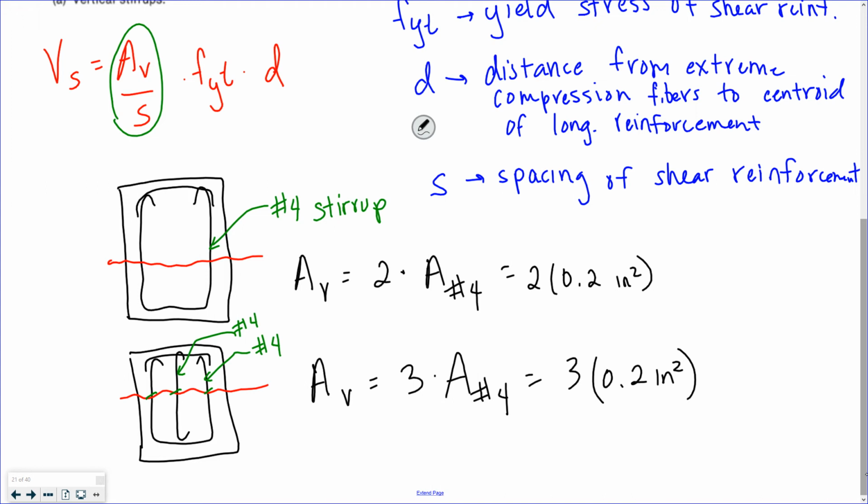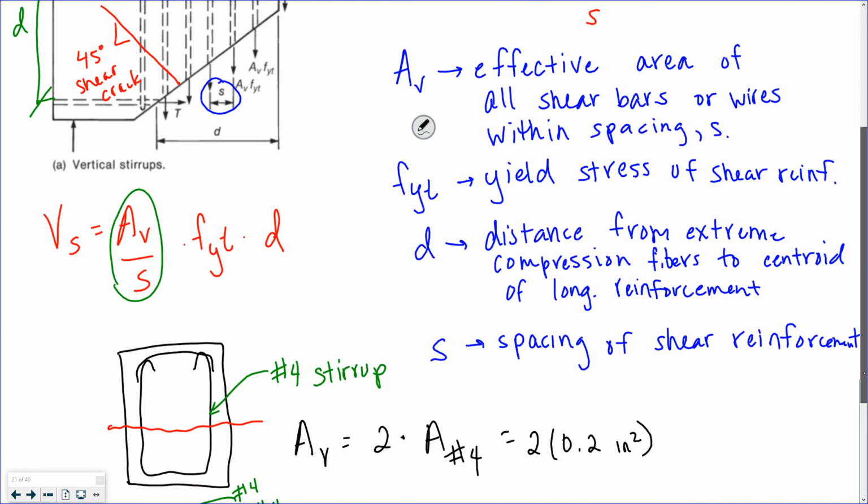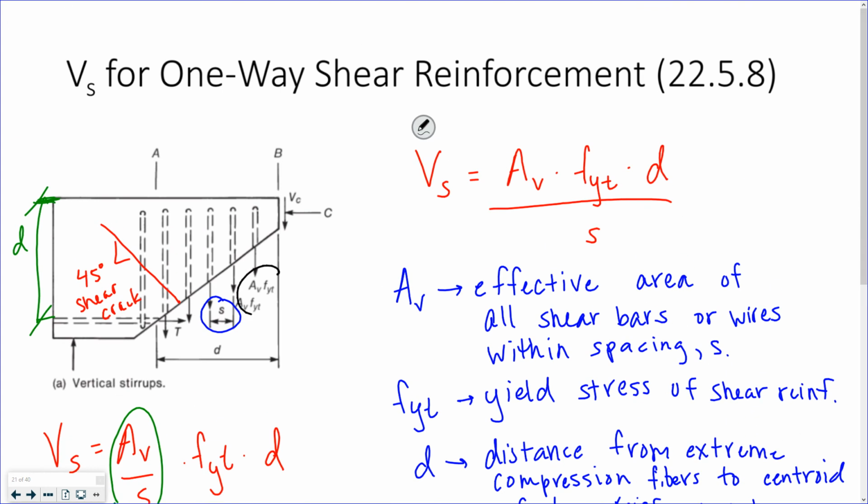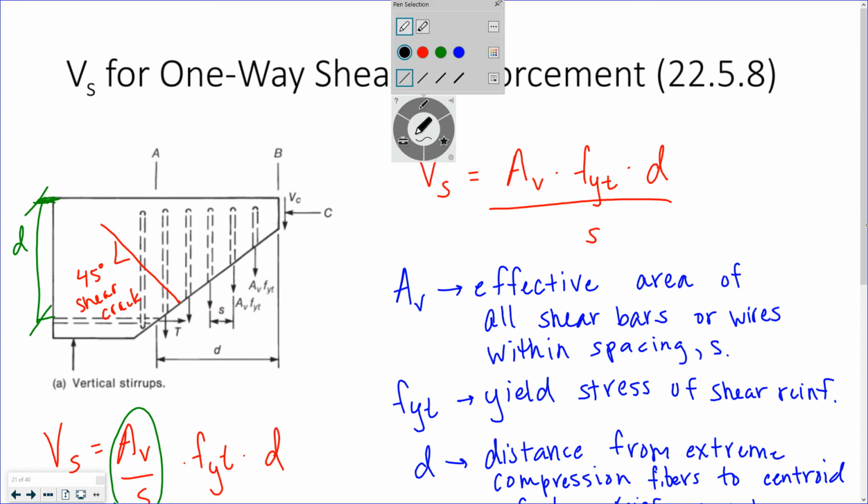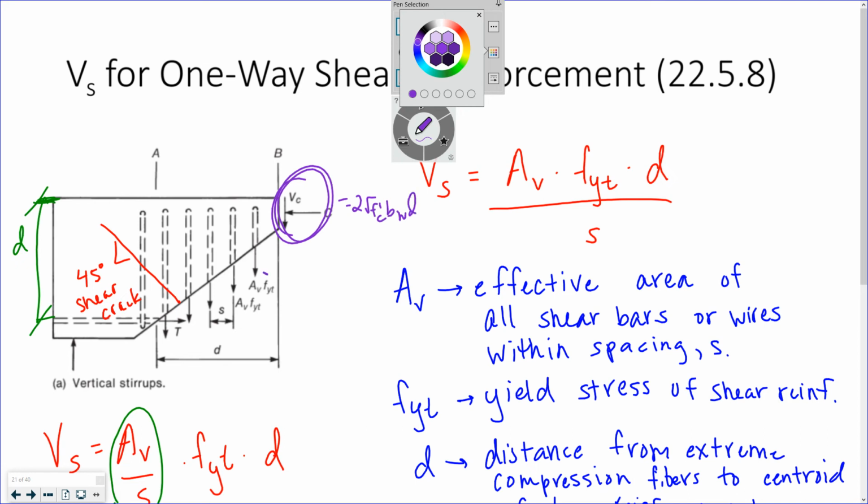Right, and that kind of goes back to, you can see here, what is providing your shear resistance is your concrete contribution, right? 2 square root f'c b_w d, and then your A_v times f_yt.